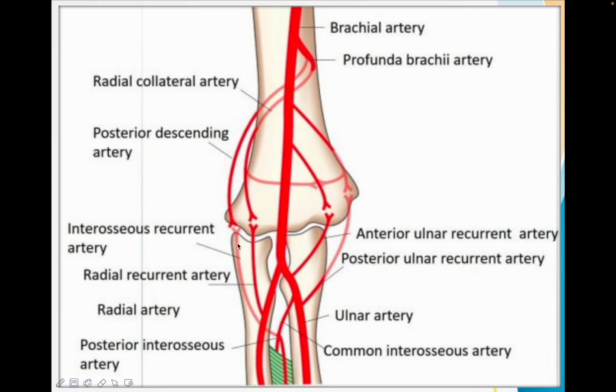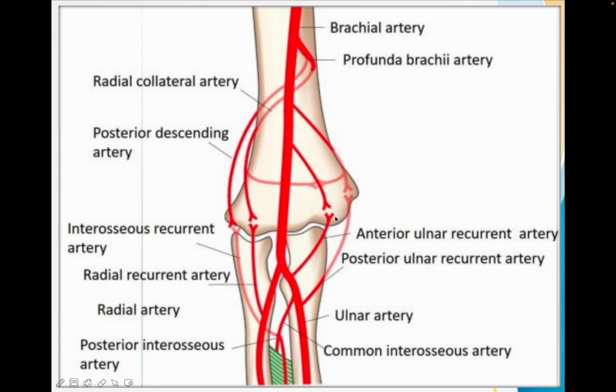You can see here that there is a branch going upwards. Also on the back side, this is the interosseous recurrent and it is anastomosing with the posterior descending branch of the profunda brachii behind the lateral epicondyle. So this is the anastomosis in front and behind the lateral epicondyle.